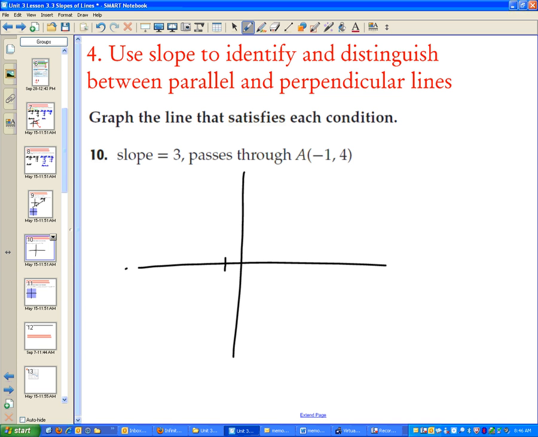So -1, 1, 2, 3, 4. So A goes there. Now, if the slope is 3, which is the same thing as 3 over 1, I can go 1 to the right, and then 3 up, 1 to the right, 1, 2, 3 up. And that's the line they want us to graph.